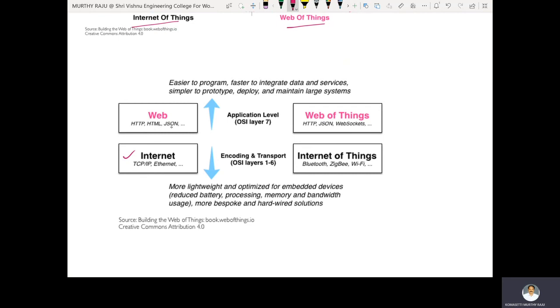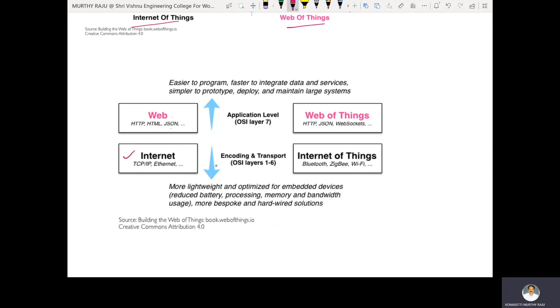At the application layer, the web access protocols are HTTP, HTML, and JSON: Hypertext Transfer Protocol, Hypertext Markup Language, and JavaScript Object Notation. These are the web access protocols.